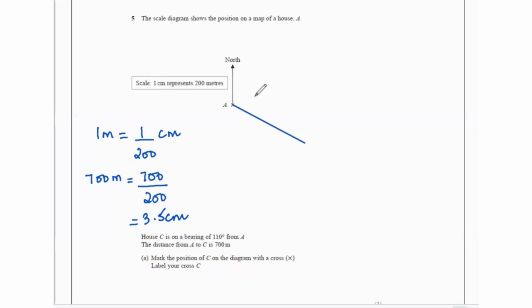I know everyone thinks that if I make an estimate of the angle, it's going to be correct. No, it's not always going to be correct. So please use the protractor to draw the bearing. This is going to be 110 degrees, and this distance is supposed to be 3.5 centimeters. You will use the ruler and protractor to draw these. Now, I have to use a cross over here. So this is the cross to show the position of C.